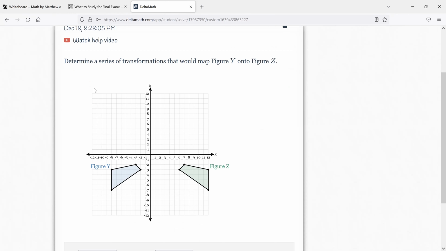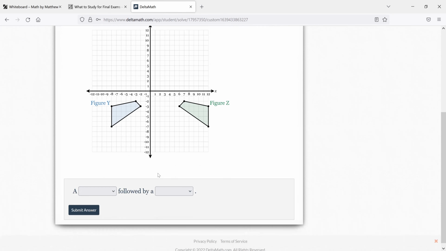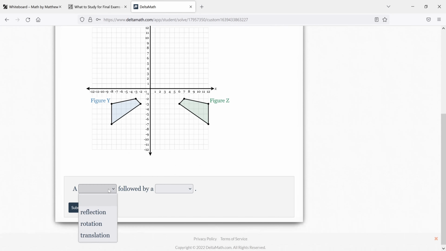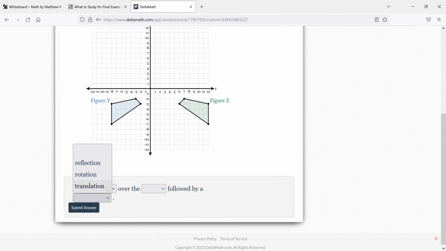All right, determine a series of transformations that would map figure Y on the left to figure Z on the right. To me, they look like they're mirrored over some sort of vertical line, maybe around 3. Looks like 3 or 2. I can't quite see, but I guess we do have to say for sure. It's a reflection followed by a, well, that's interesting.